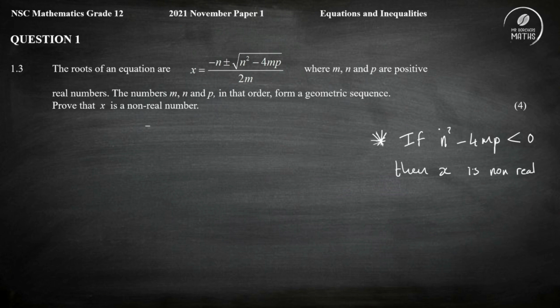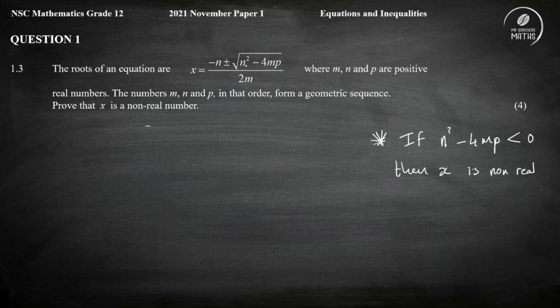Why is that? Because if n squared minus 4mp were less than 0, that means you would have a negative value underneath a square root sign, which would produce a non-real number, the square root of a negative number.